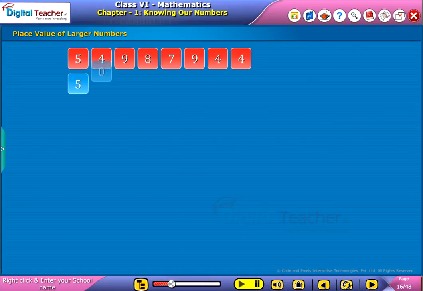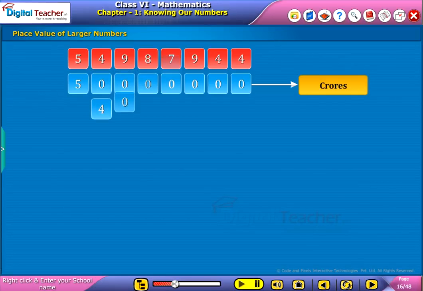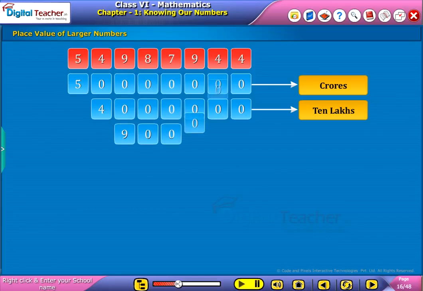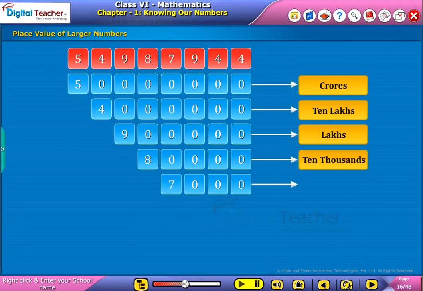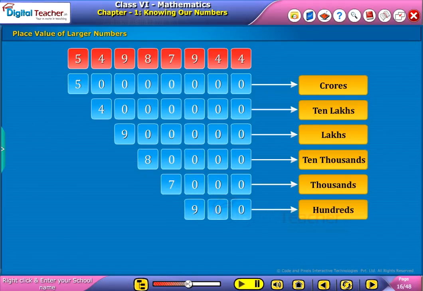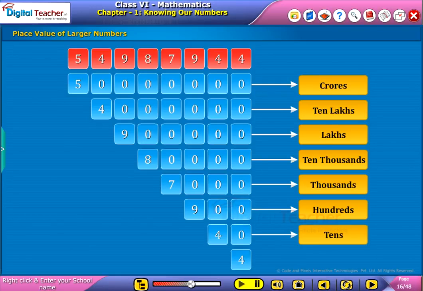Here, 5 is in crores place, 4 is in 10 lakhs place, 9 is in lakhs place, 8 is in 10,000s place, 7 is in thousands place, 9 is in hundreds place, 4 is in tens place, and 4 is in ones place.